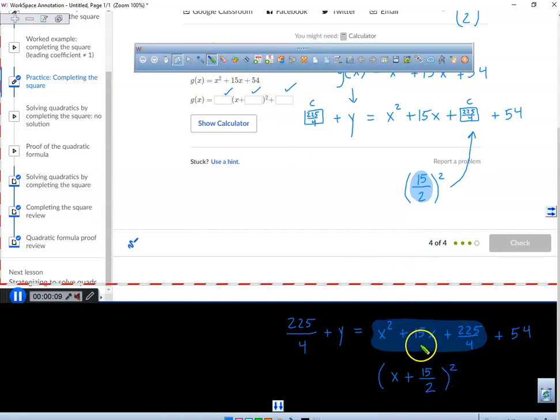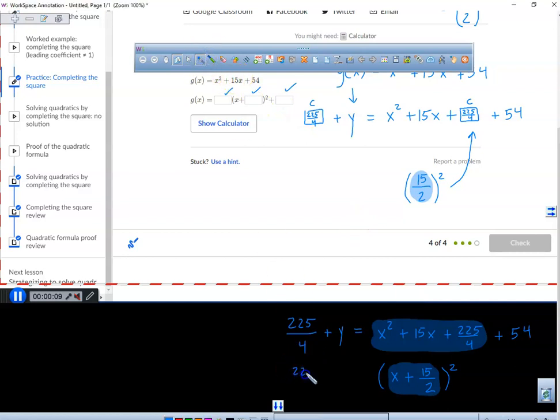What I'm trying to convince you guys is that if we complete the square correctly, whatever is going to be inside this parentheses will always be half the b value before we square it.